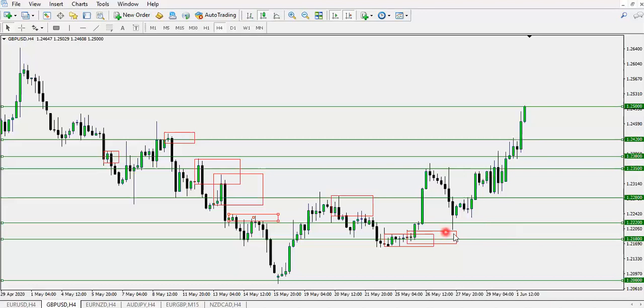So you can see over here that there was another order block, both a bearish order block. This over here is a bearish order block, but you can see that was a bullish order block next to it.